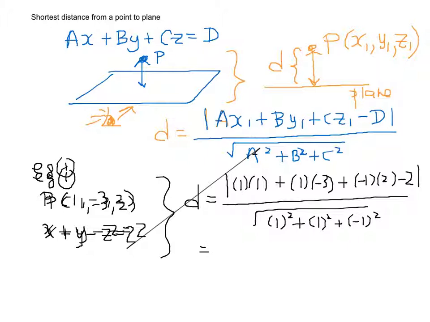If you simplify this, in the end the denominator will be the square root of 3, and the numerator will be 6.